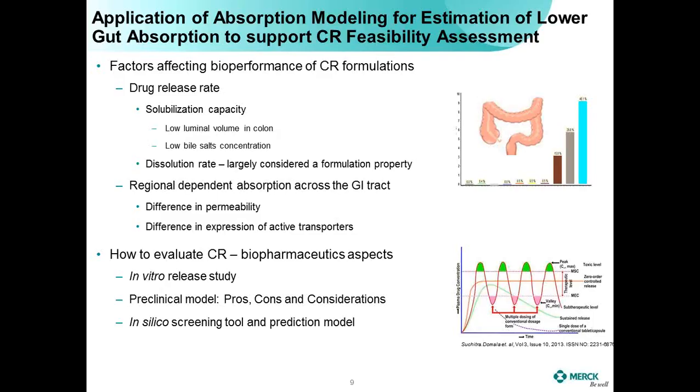So in this presentation, we will share how we use the modified ACAT model to estimate the lower gut absorption and further translate the absorption model from dog to human model for assessment of CR formulation.